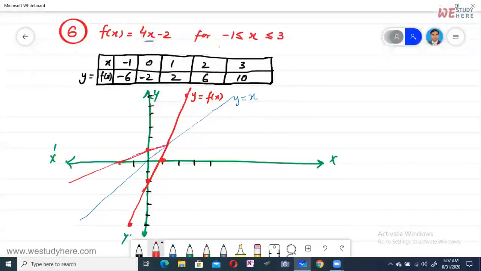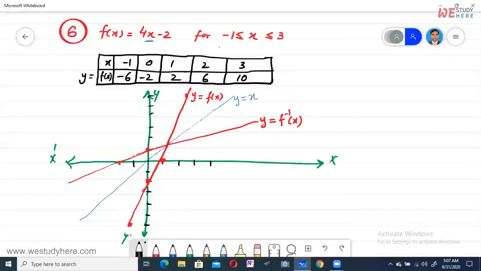Then we have to join these 2 points like this. After that we will produce this straight line, and this will be the graph of y is equal to f inverse of x.